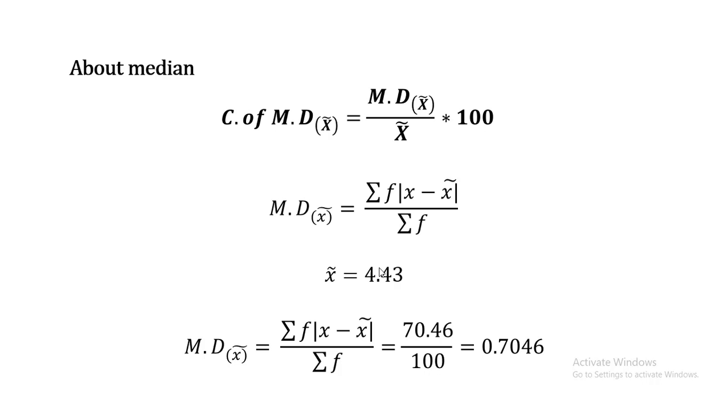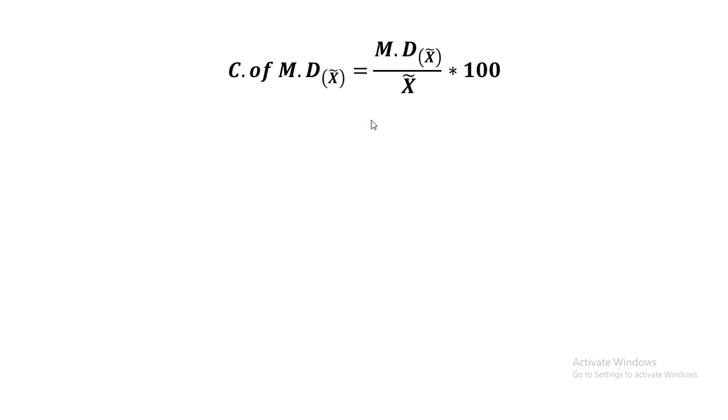So I've given the answer for mean deviation about median, which is calculated as 0.7046. Now I've got my median, and I've got my mean deviation about median. The next step is to substitute these two values into the formula so that I can get my final answer. Coefficient of mean deviation about median is equal to mean deviation about median divided by median, multiplied by 100.